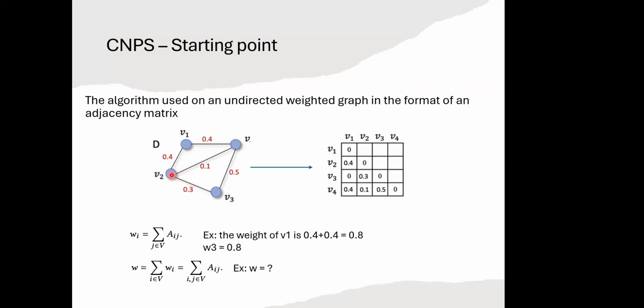This is also why in the quality formula we divide by 2m, because we add everything twice. So it will be 0.3 plus 0.5 plus 0.1 plus 0.4 plus 0.4 twice. You can see it like this: W1 plus W2 plus W3 plus W4, in our case equal to 3.4. Okay? Does everyone have a question about what is W, what is Wi? No. Okay.